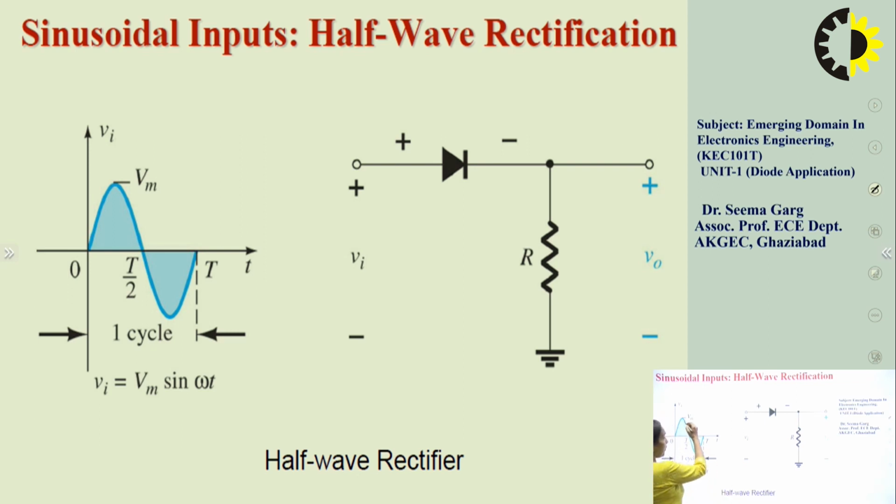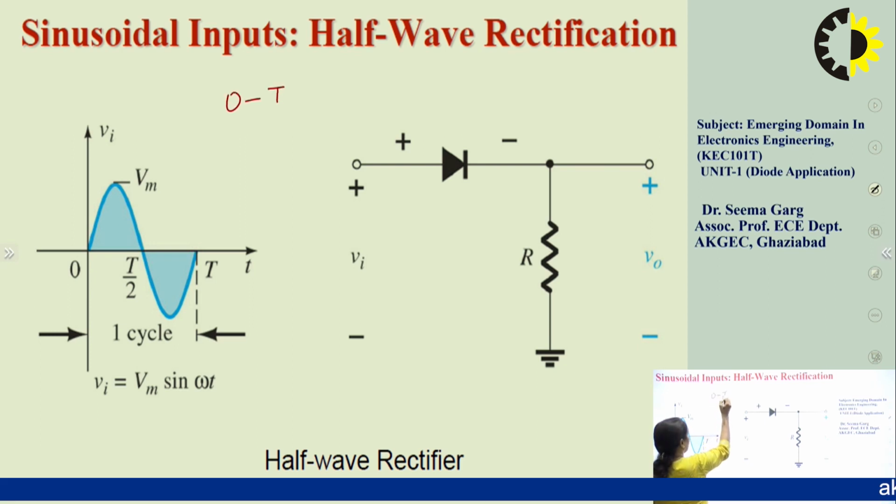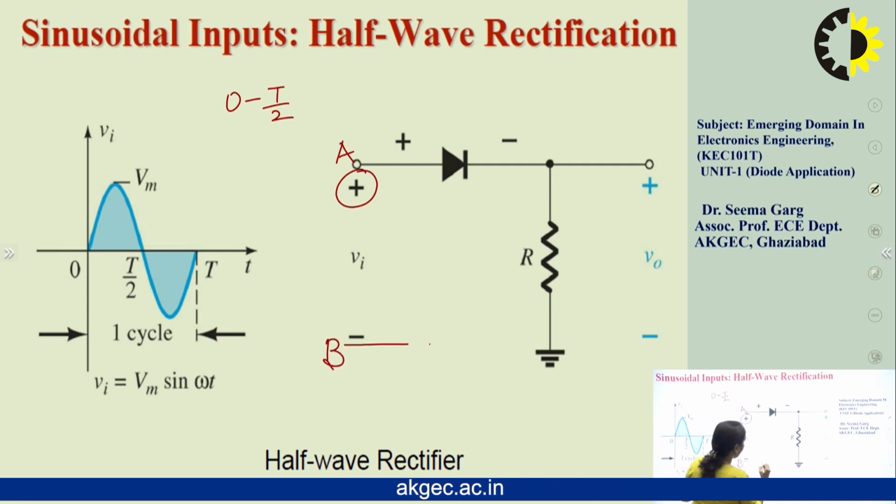During the positive half cycle, that is during the time period 0 to T/2, terminal A will be at positive potential and terminal B will be at negative potential. So this makes our diode forward bias.